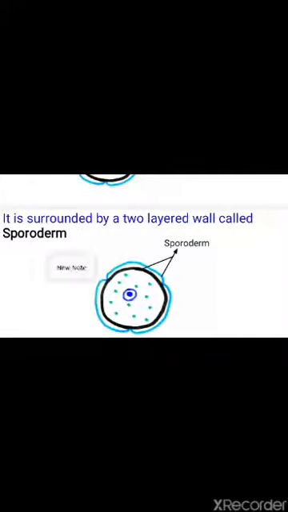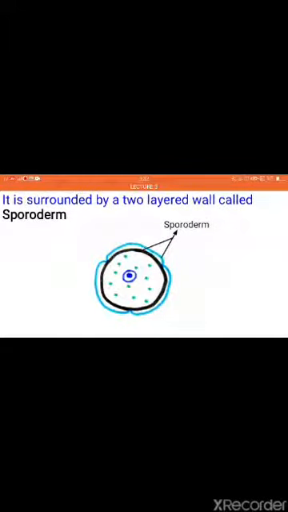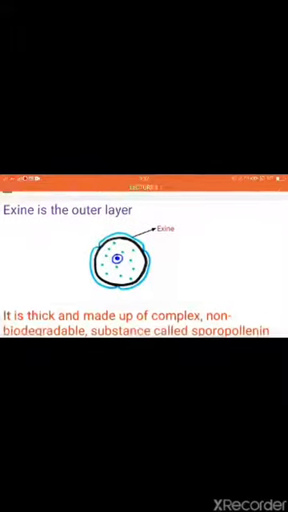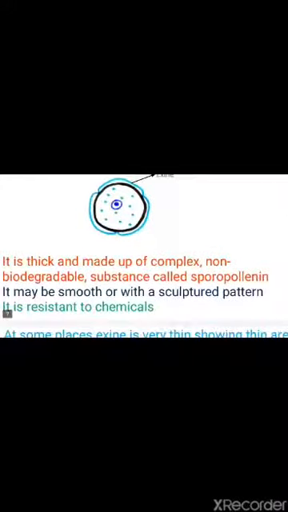Pollen grain is surrounded by a 2-layer wall called sporoderm. So the outer double layer wall of pollen grain is called sporoderm. It is made up of 2 layers, exine and intine. Exine is the outer layer.